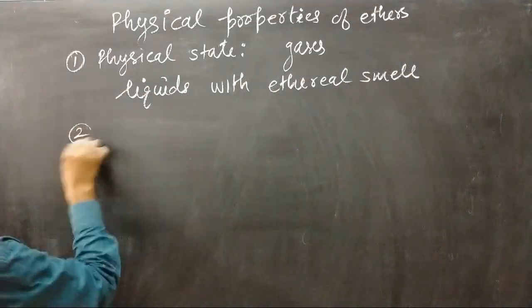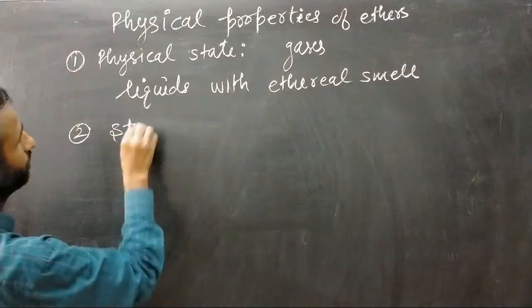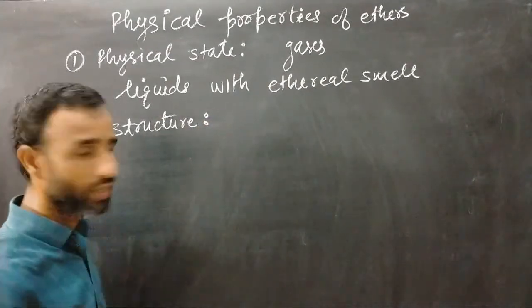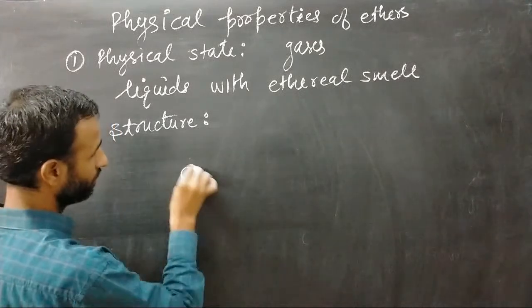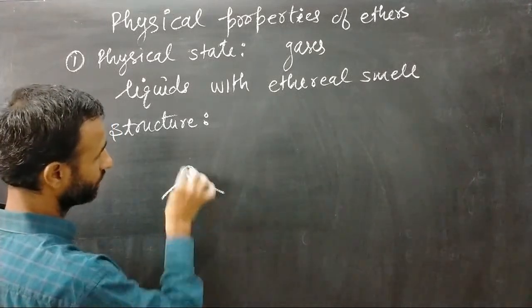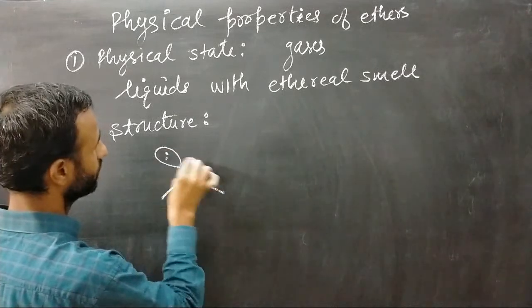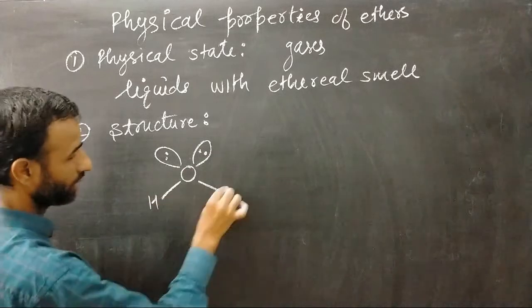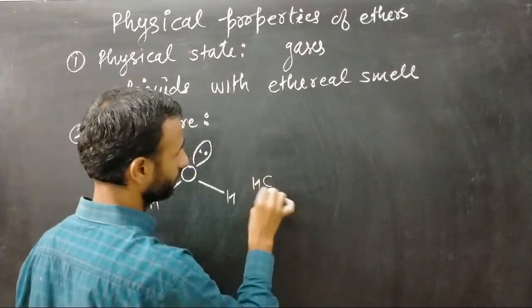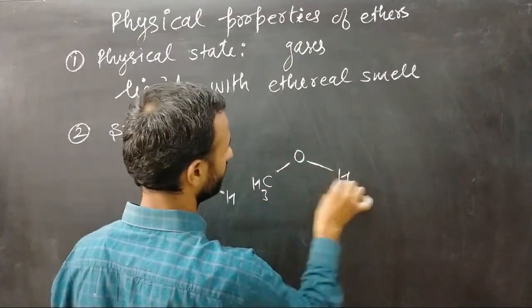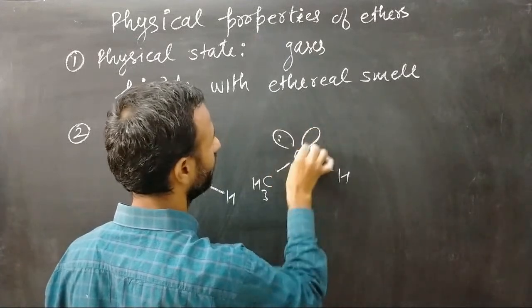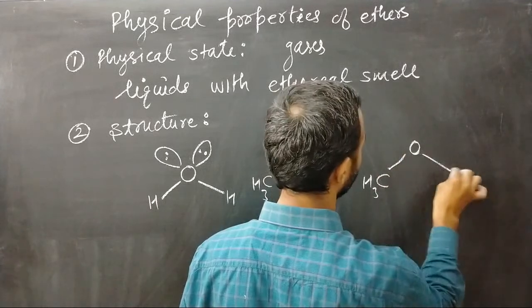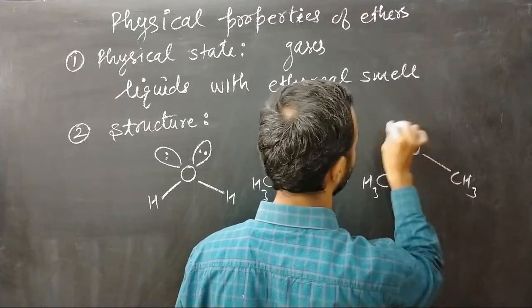Okay. Now structure. They have two bond pairs and two lone pairs, just like water. Water is like this. This is methanol, and this is dimethyl ether.